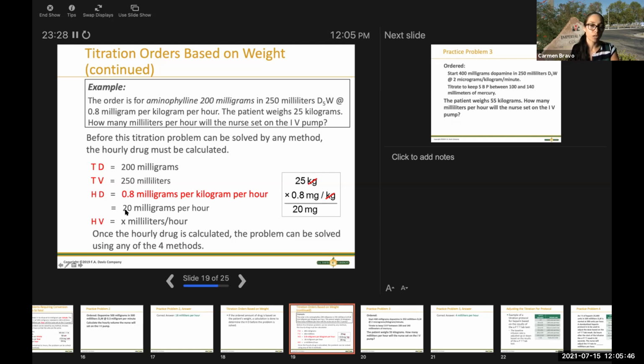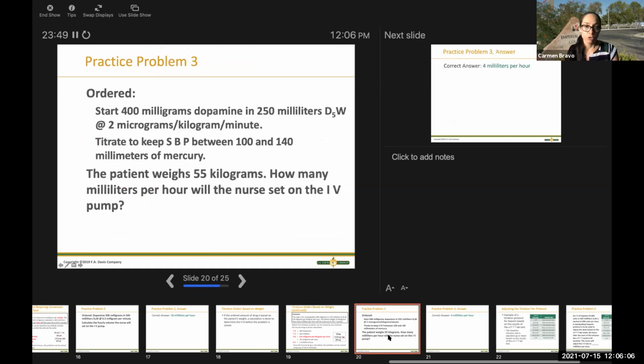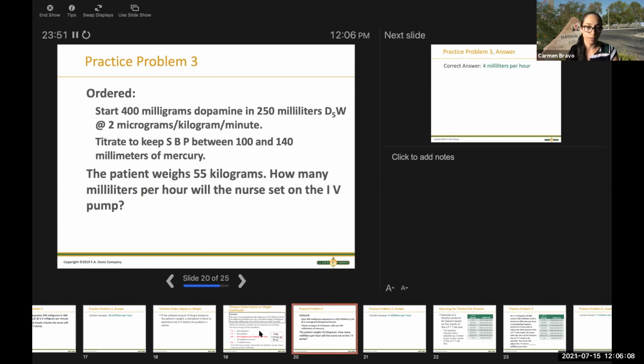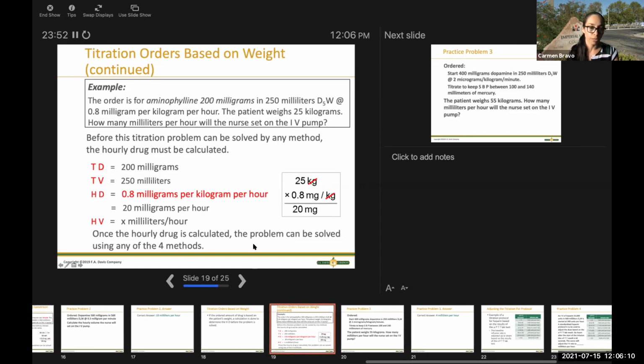So it's actually 20 milligrams per hour that we need to administer. Then the hourly volume is what we need to look for. The setup is the same, only that we have to get the kilos in the problem and multiply by the dose given to us. Then you calculate the rest.